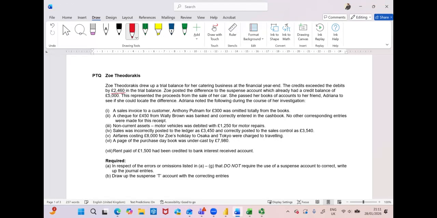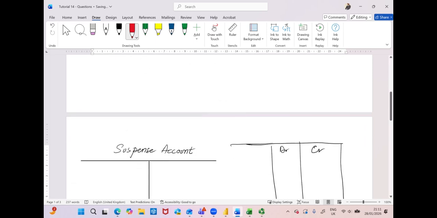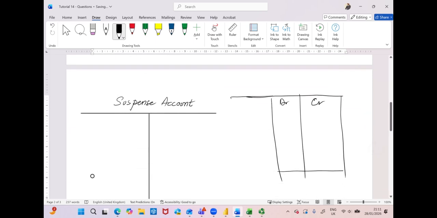£2,460. So we now know that the credit side is bigger and the debit side is smaller, the credit side being £2,460 bigger. Therefore, we will open a suspense account and write 2,460 on this side in the debit column.